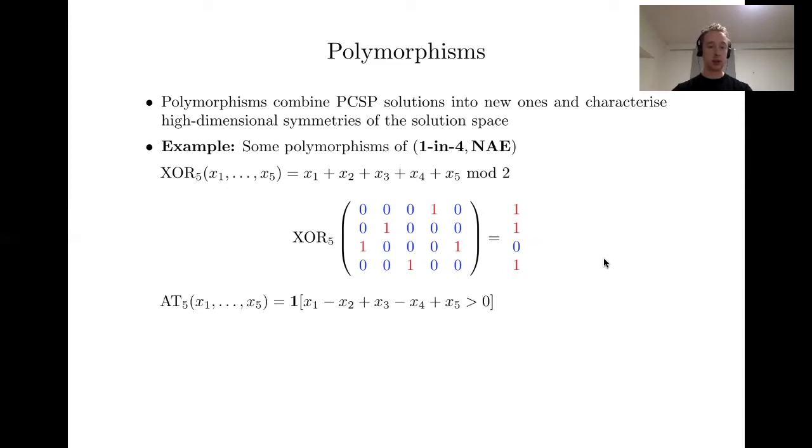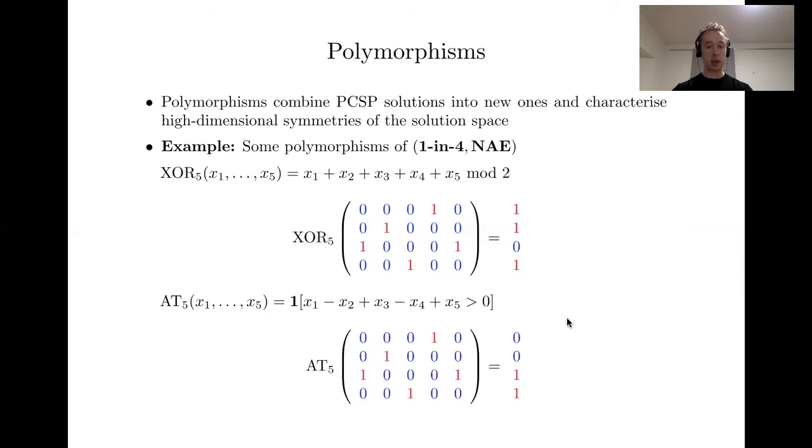The alternating threshold function of arity 5 is also a polymorphism of this template. This function takes the alternating sum of its inputs and returns 1 if the sum is larger than 0. Again, we can check with the same set of inputs that the function works. In the first row, we have a 1, but it's on an even coordinate, so it'll appear negated in the sum, giving an alternating sum of -1. And so our indicator returns 0.